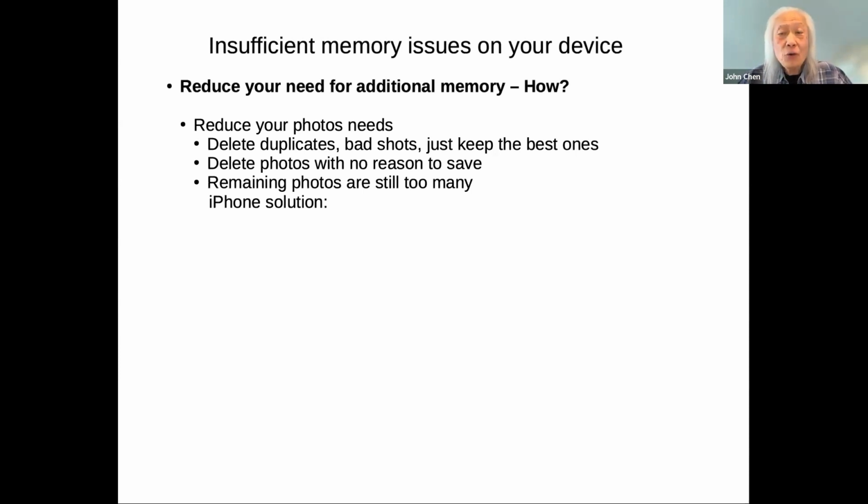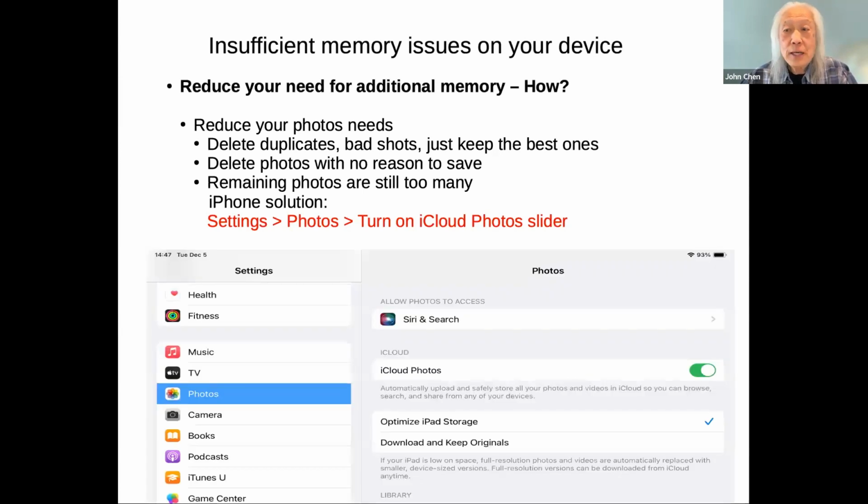Now, what's left over? Maybe what's left over is still too big to store on your phone. So for iPhone, you can do a couple of things. You can go into settings, then go into photos, and turn on something called iCloud Photos. It's a little slider, as you can see right here.